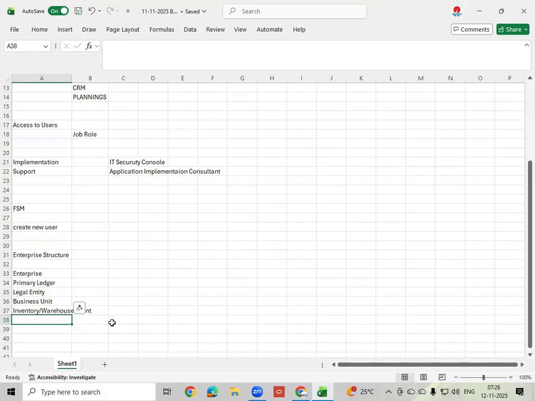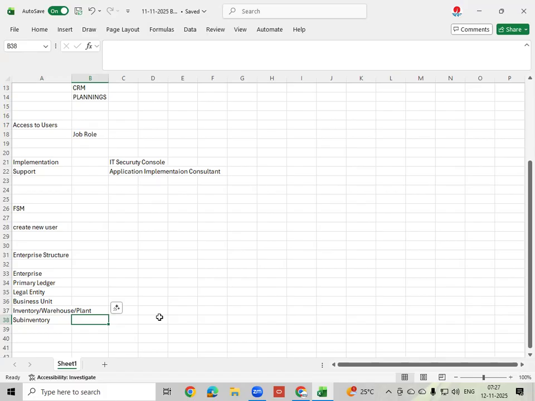So under inventory level, sub inventory. Sub inventory is where an organization will maintain different types of products, items. Just simplifying, in one place I'll maintain raw material stock.